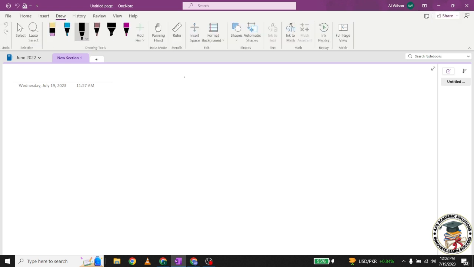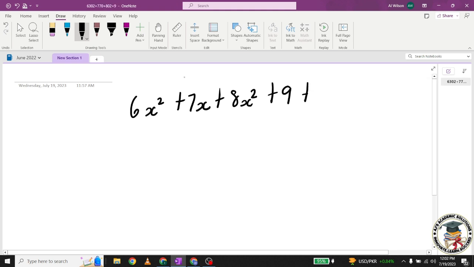So let's say we have 6x squared plus 7x plus 8x squared plus 9 plus 8y. Now here's our question, and what you need to look at is to see what is similar.